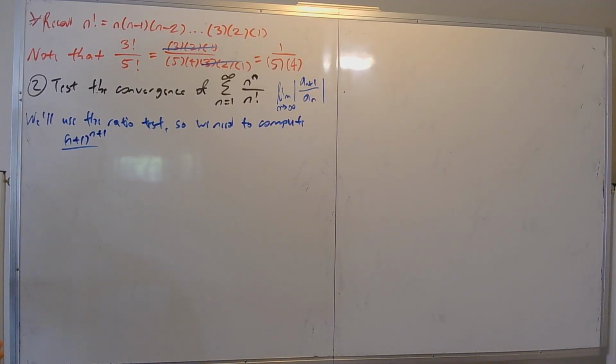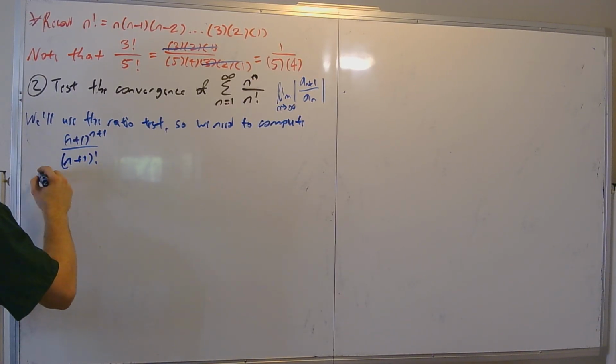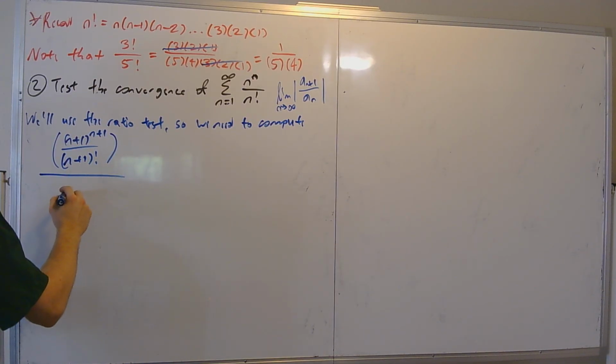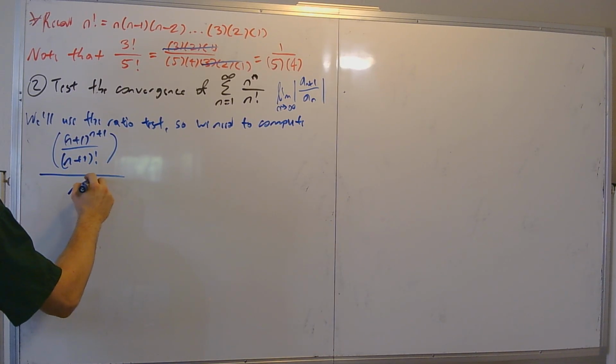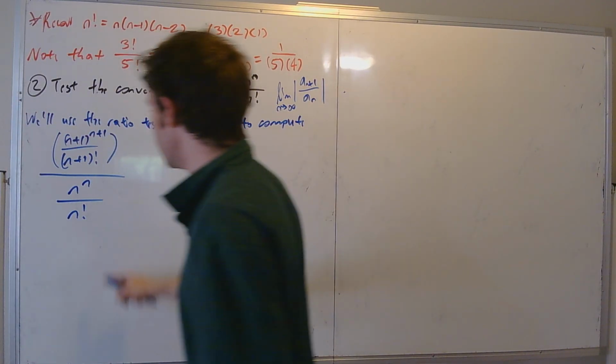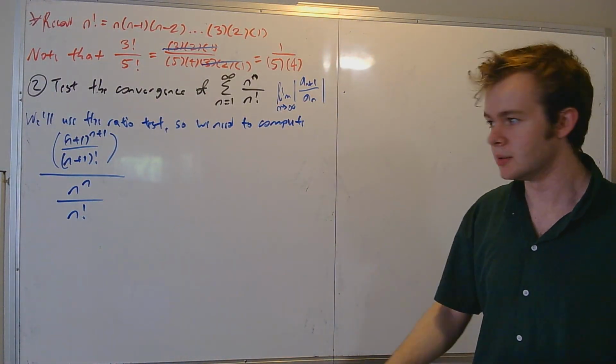Because that'll be a little bit simpler for us, over n plus 1 factorial. So that's what happens if you plug in n plus 1, and then you divide by when you just plug in n, which is going to be this.